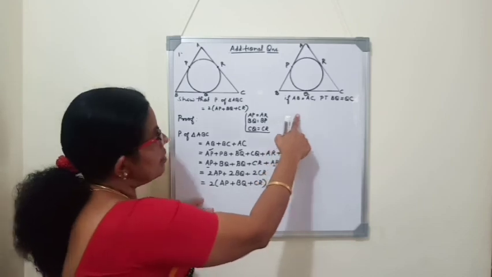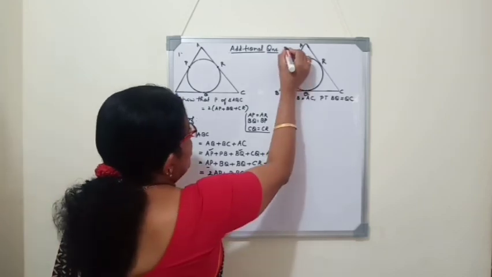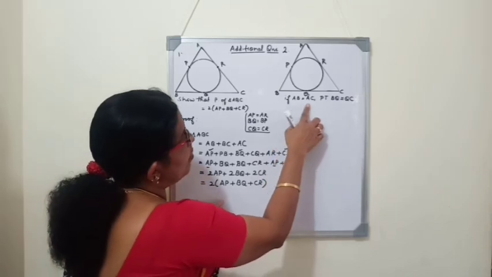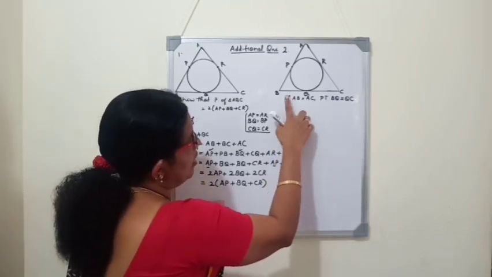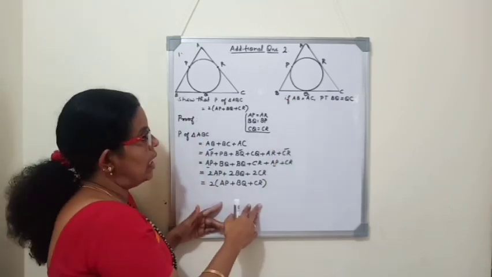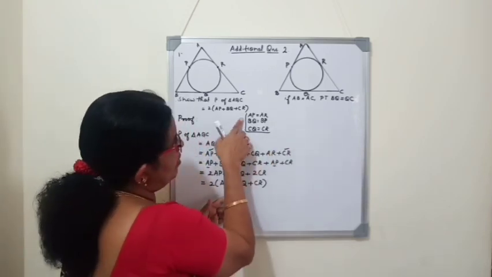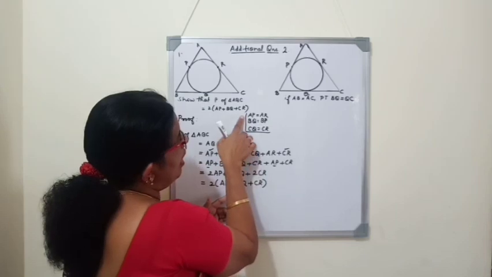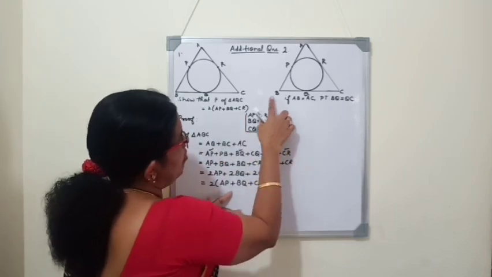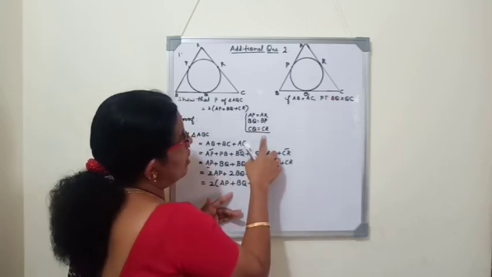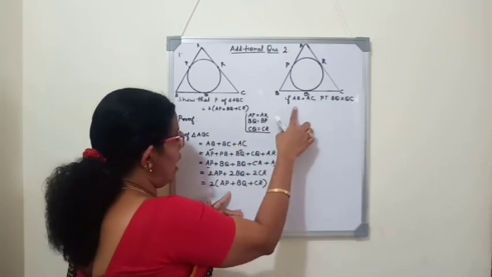The next question is, the second question. In triangle ABC, if AB is equal to AC, we have to prove that BQ is equal to CQ. I will follow the same thing. Look here, from the diagram, AP is equal to AR, BP is equal to BQ and CQ is equal to CR. Same diagram only.